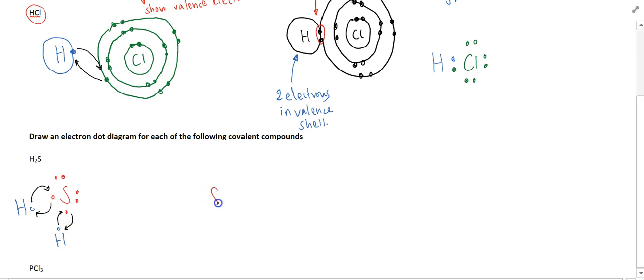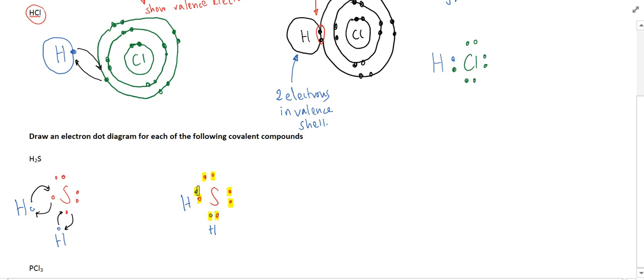What's this going to look like now? Sulfur and the 2 hydrogens with the pairs of electrons. What do we have here? Sulfur now has obtained an octet, a full outer shell of electrons. If we count the total number of electrons, we have 1, 2, 3, 4, 5, 6, 7, 8.